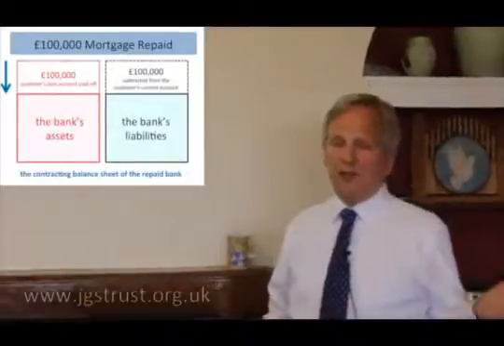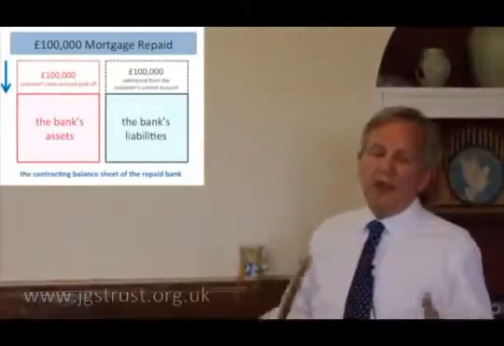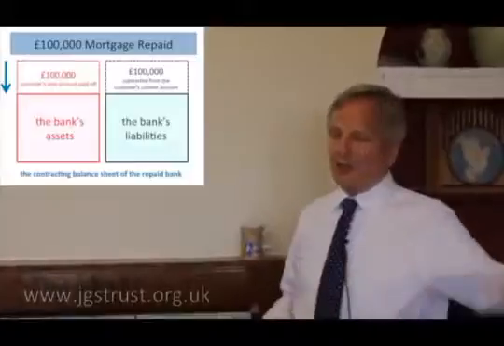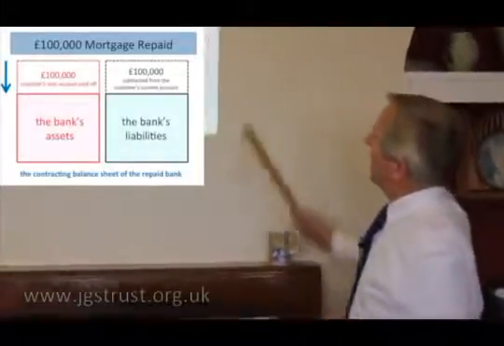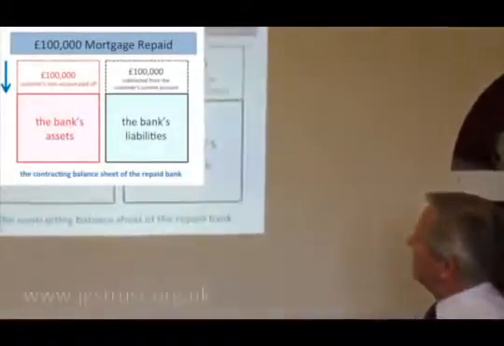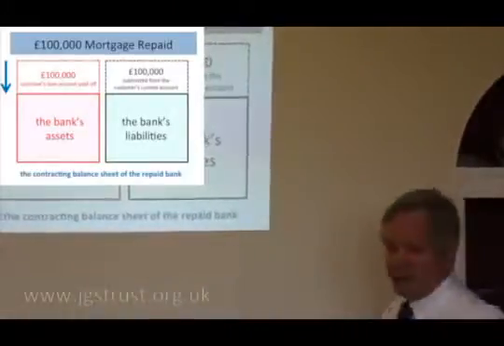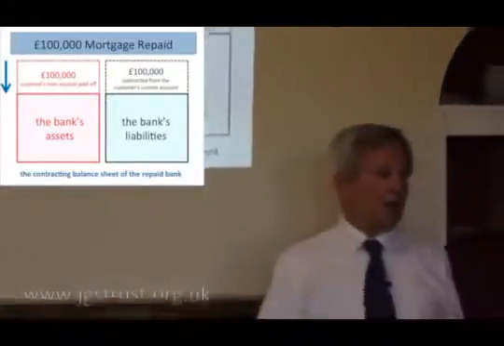So obviously some historic record of it is kept somewhere, but in the day-to-day accounting of the bank, that loan has gone. And on the other side of the balance sheet, the customer's current account has gone down by 100,000.